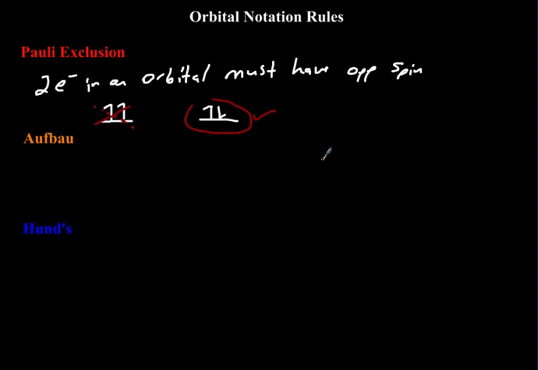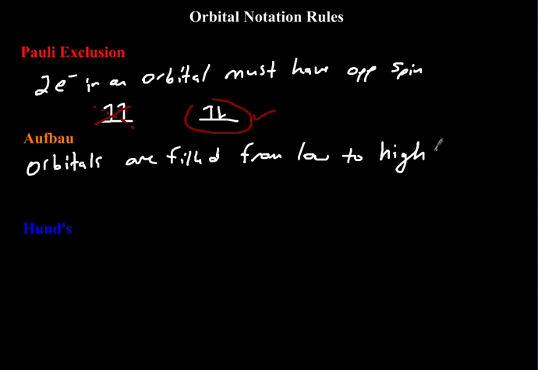Cool. Easy enough. The second rule, the Aufbau rule, is that orbitals are filled from low to high energy.